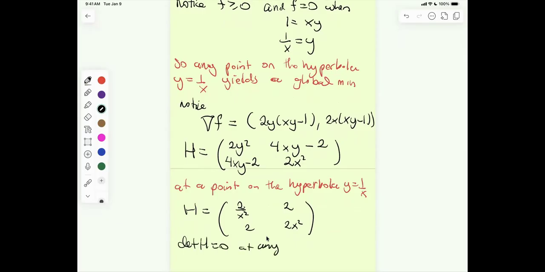All I'm trying to say is that the second derivative test does fail miserably in this case, because you have infinitely many global minima, and none of them can be detected with the second derivative test. It's an example of where things can go really wrong at any critical point on the hyperbola.